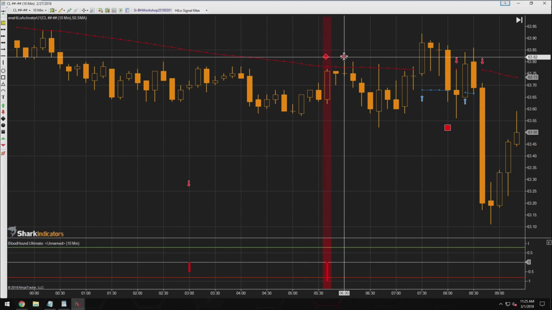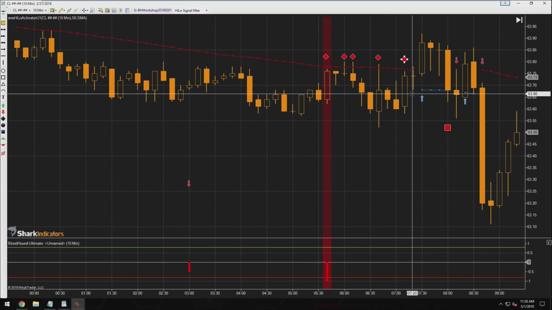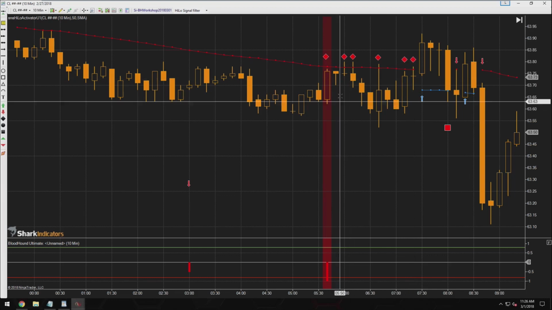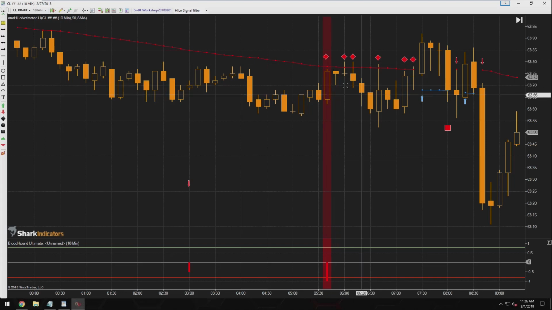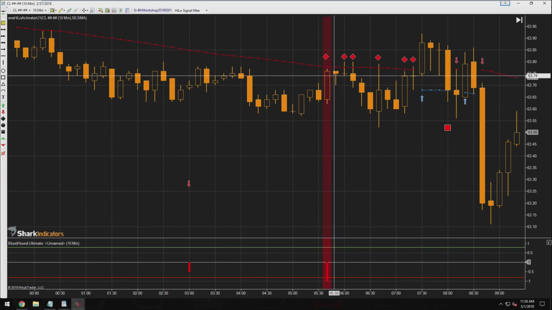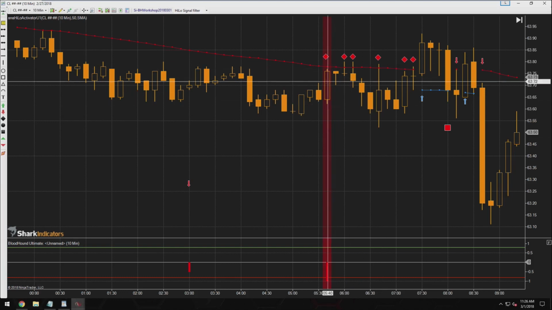This would be another bar, and another bar, and so on and so forth. Okay, so there we go. So we've got price bouncing off and back on to the high-low indicator there. So all right, we can work in this area.